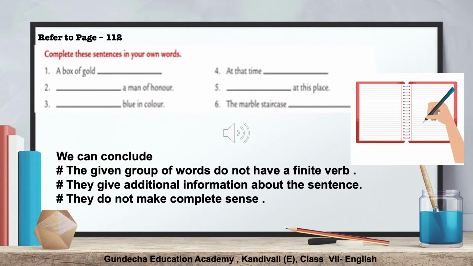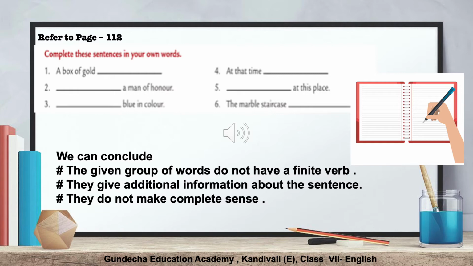But the moment we complete the sentence, a box of gold was kept inside the cupboard, we know that it is a complete sentence with a subject and a predicate, with a verb, and it also gives us complete information.